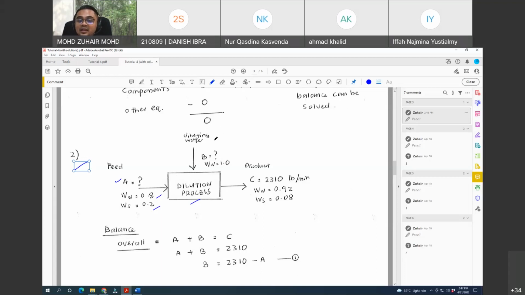It is stated as diluting water without any fraction of salt, so we assume that it is 100% water. So B, the diluting water, its flow rate is also not stated in the question. But one thing for sure, we know the mass fraction of water is 1.0. What about the salt?